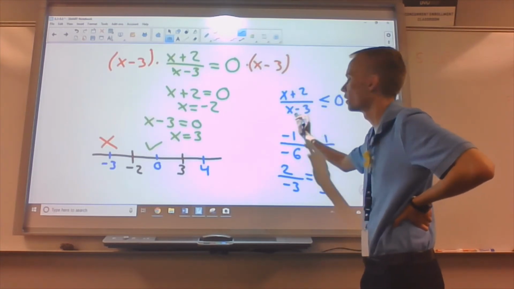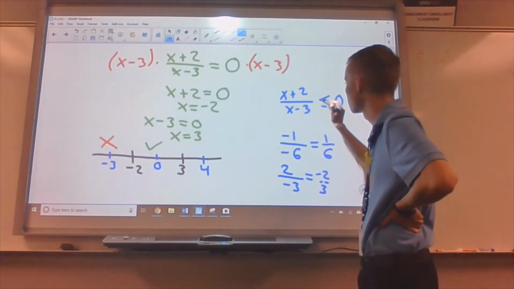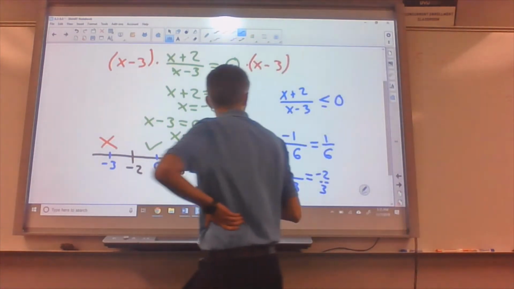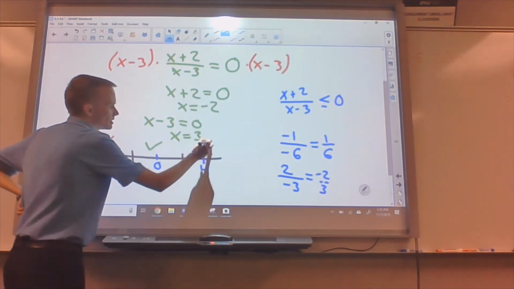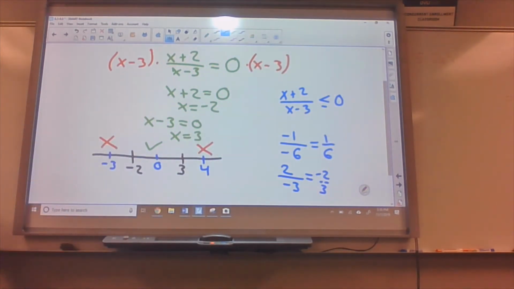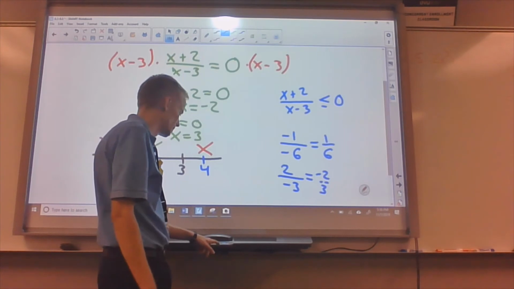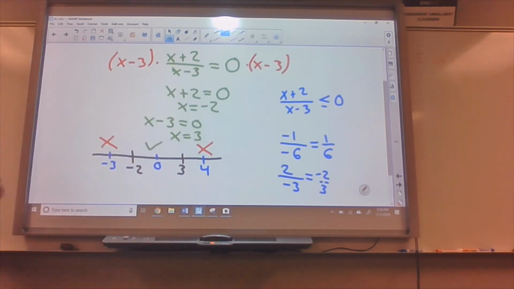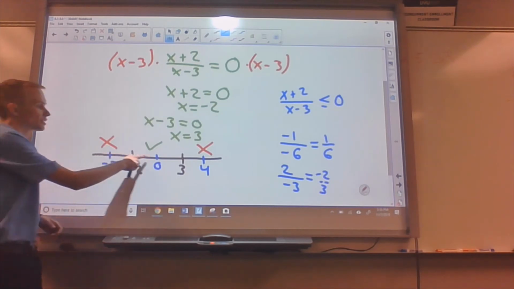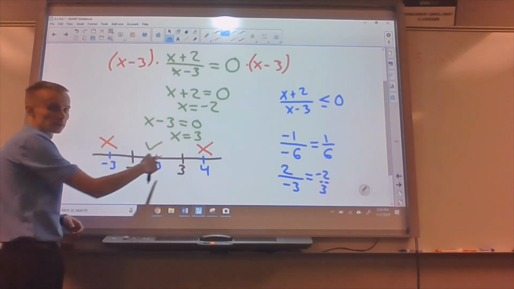So 6 over positive 1 is positive 6. That is not less than or equal to 0. So this does not make the inequality true. Okay? So I now know exactly where the inequality is true. It's in this chunk, a middle chunk right here.